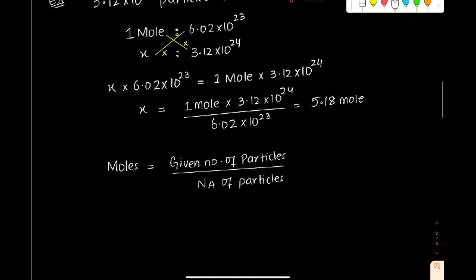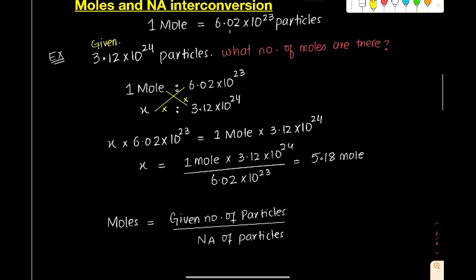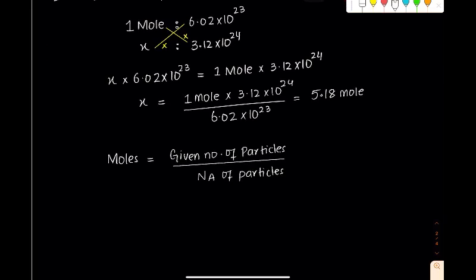So the given number of particles are this one. They are the given number of particles. And Avogadro's number of particles is what we have to memorize. So let's fill in the given information. 3.12 times 10 power 24 divided by 6.02 times 10 power 23. The answer will be the same, 5.18 moles.